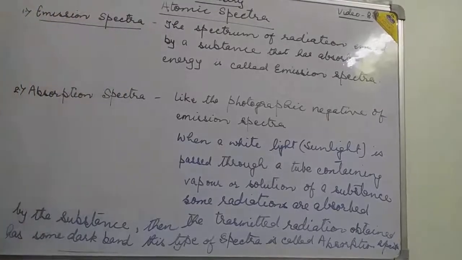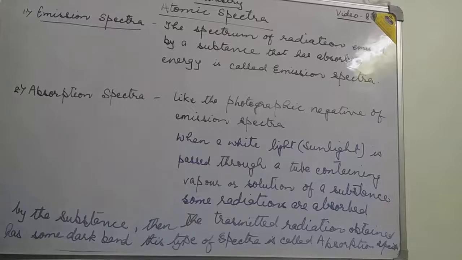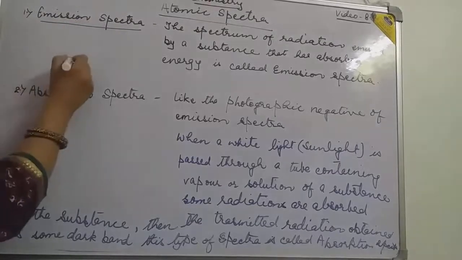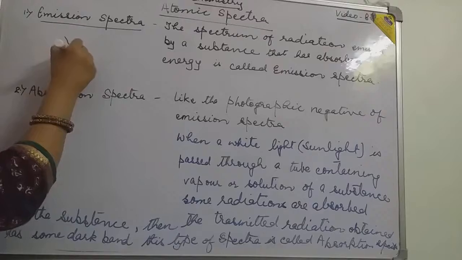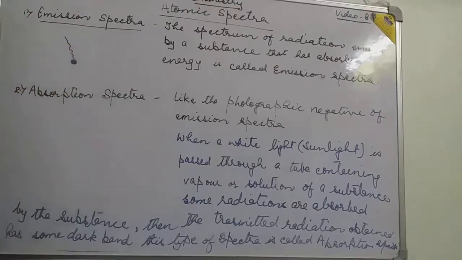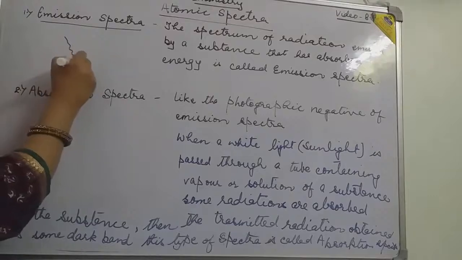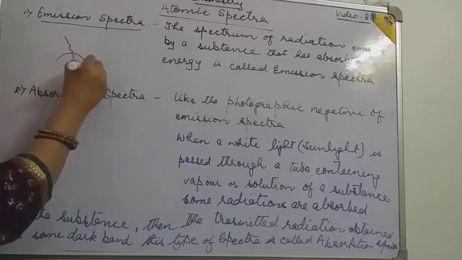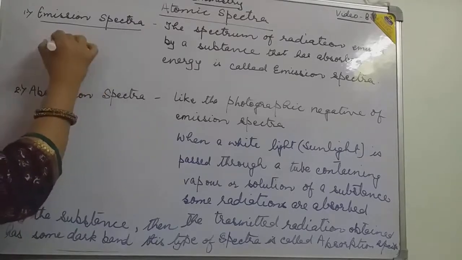Emission spectra, as I have discussed in the radius calculation. What is emission spectra? If a substance absorbs energy in any form, the electrons of that substance move from the ground state to the next excited state.